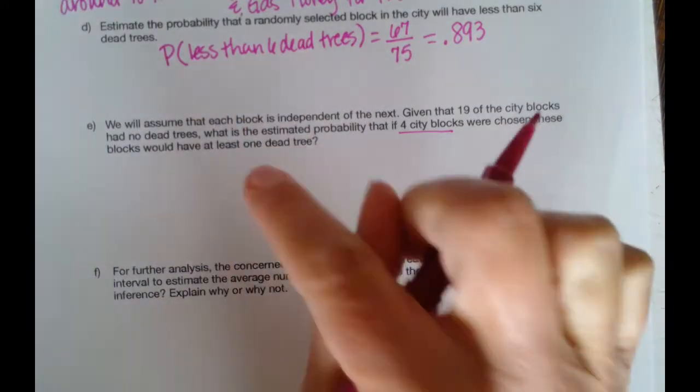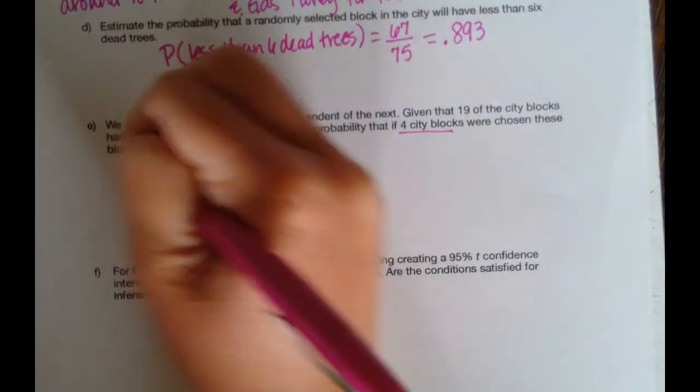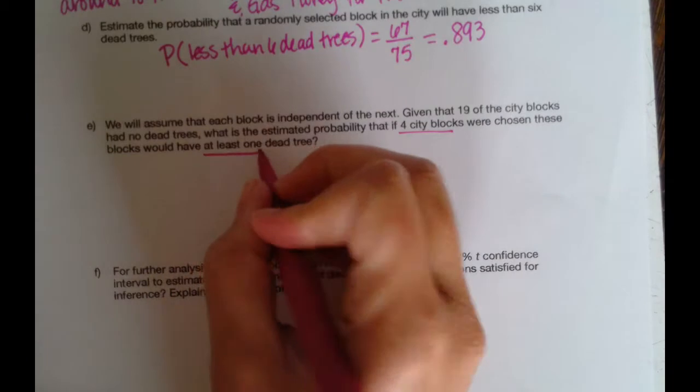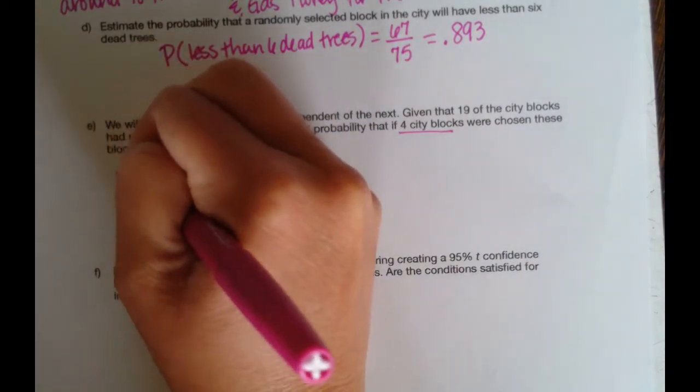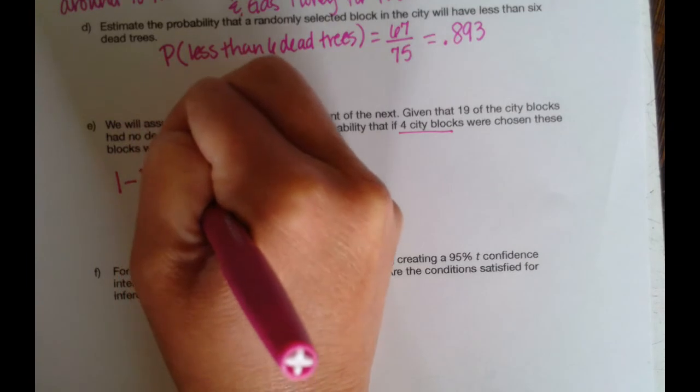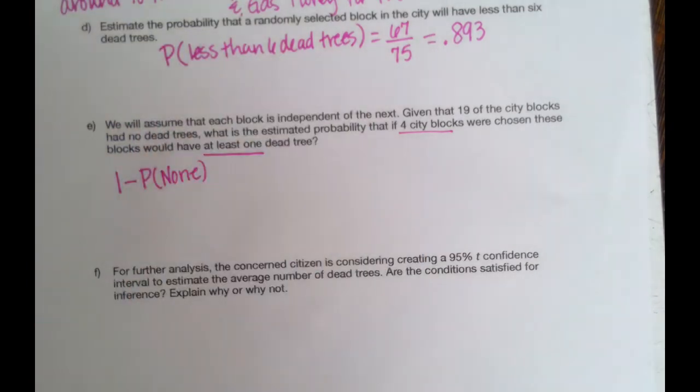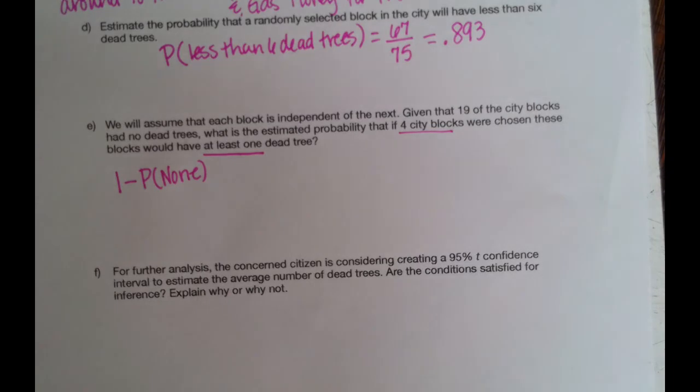So I just want you to remember that if something asks you for at least 1, it's basically 1 minus the probability of none. That's always the easiest, is just find the probability of none and then just do the complement of it.